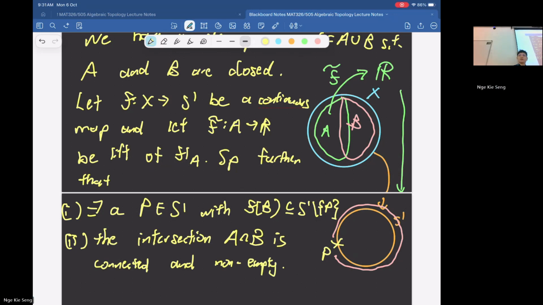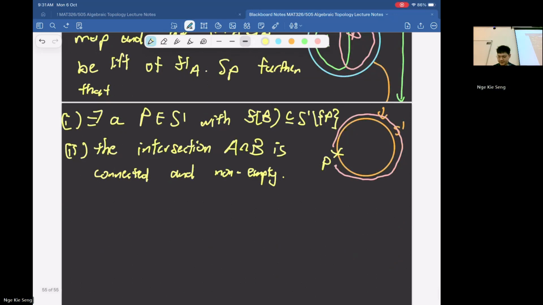You might imagine, if it doesn't miss P, what happens? Not injective. Okay, so it's the injectivity problem. You come back to the same place. So yeah, let's miss some point here.